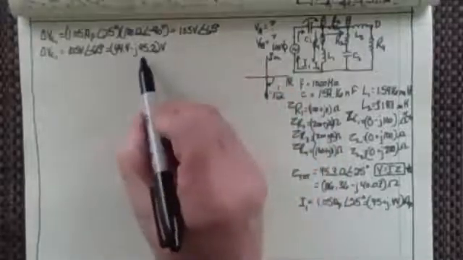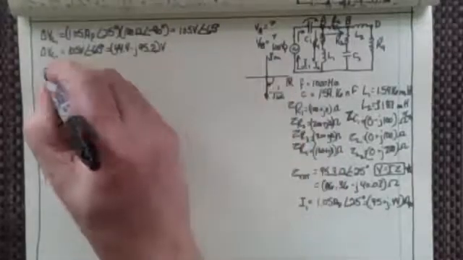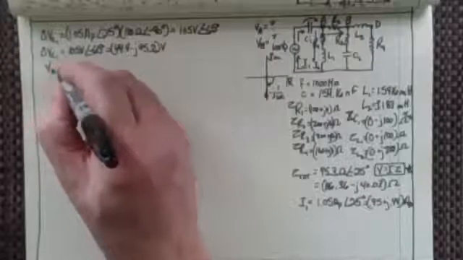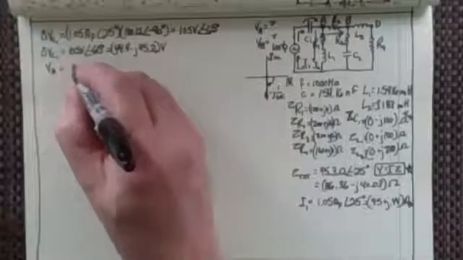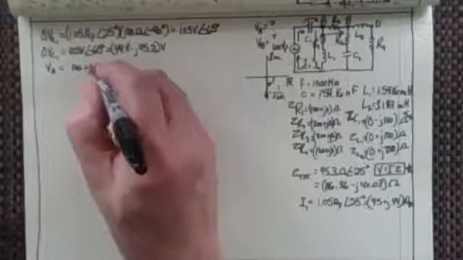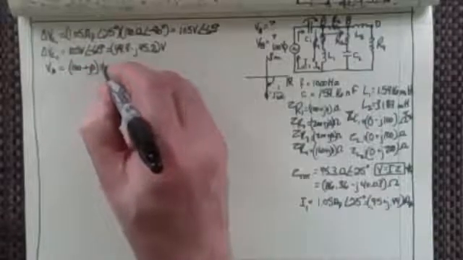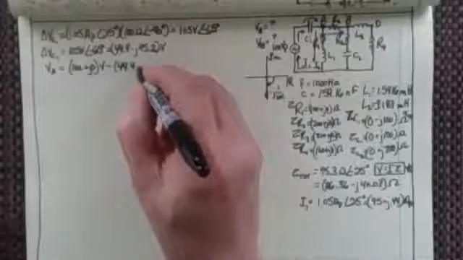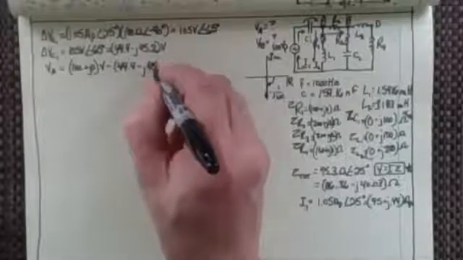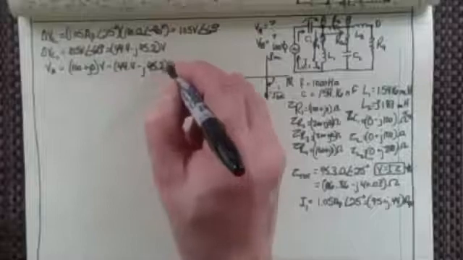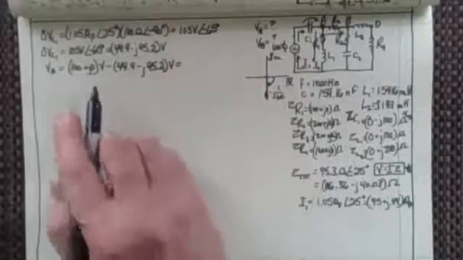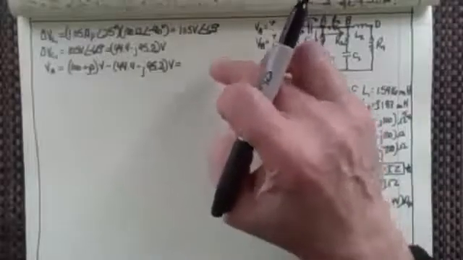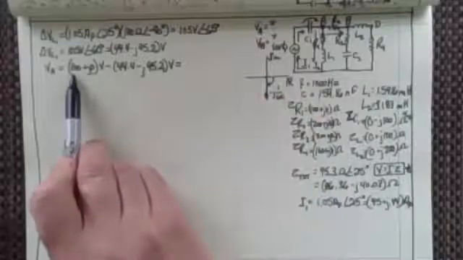Well, if that's my voltage drop, then what is my voltage at A going to be? Because my voltage at A is just 100 plus j0 volts minus 44.4 minus j95.2 volts. You're probably saying, hey, there's a minus and a minus there. That's right, there's a minus and a minus there. So that makes it a plus, doesn't it? Thank you.